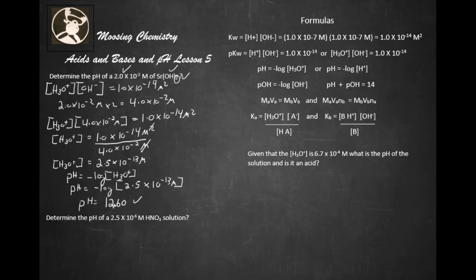All right, let's look at our next problem. Determine the pH of a 2.5 times 10 to the negative 6 molarity of nitric acid. Oh, this is so easy, because this is the acid, so we're ready to go. We're not using the hydroxide. So pH equals negative log of 2.5 times 10 to the negative 6, right?